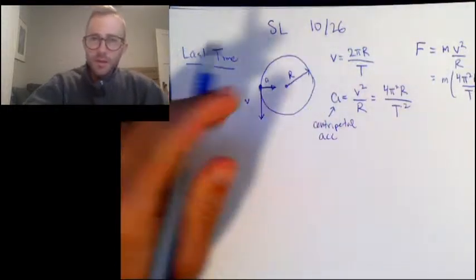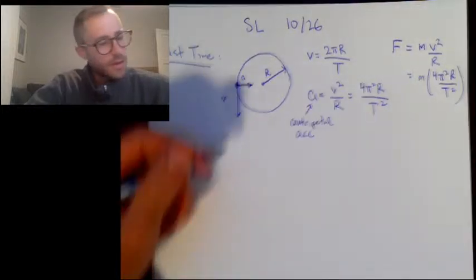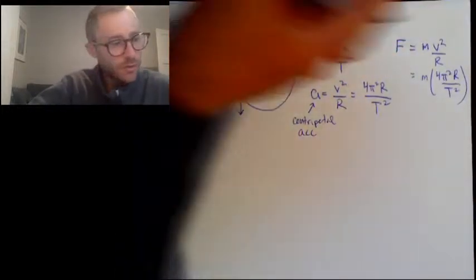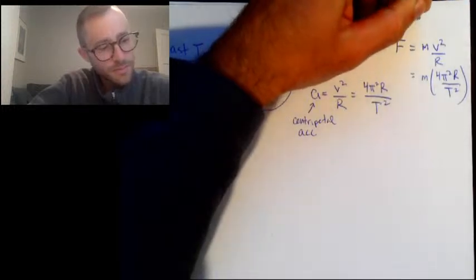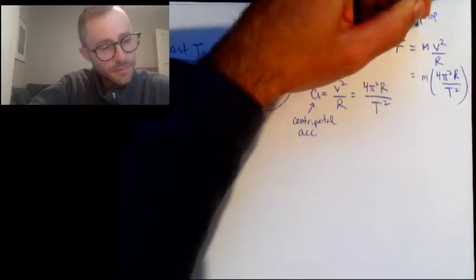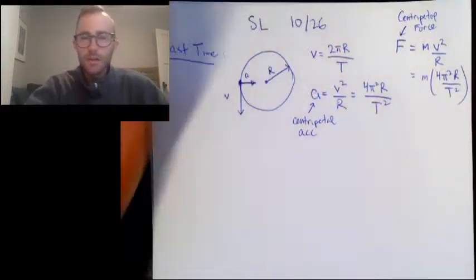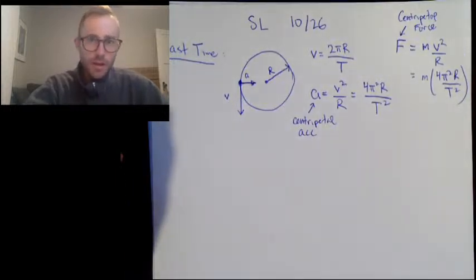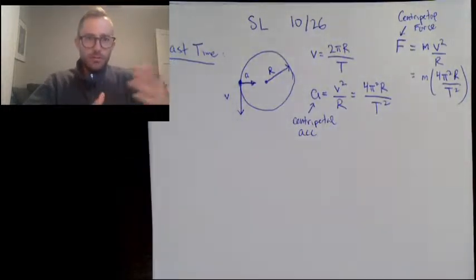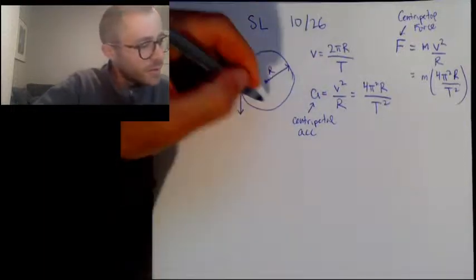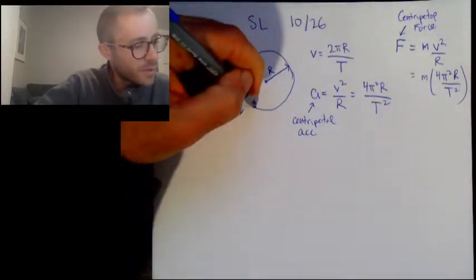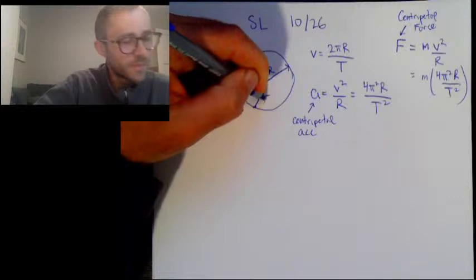Whatever force is causing you to go in a circle is called the centripetal force. It could be any force, really. But the centripetal force has to point towards the center of the circle at all times.